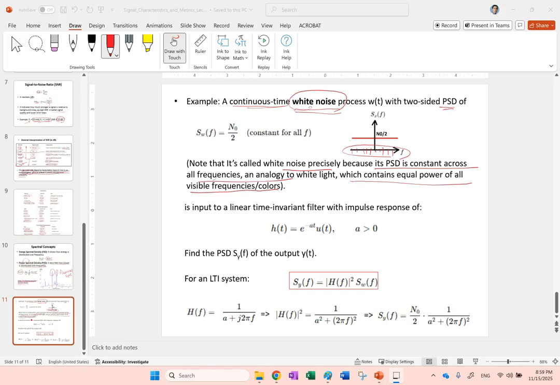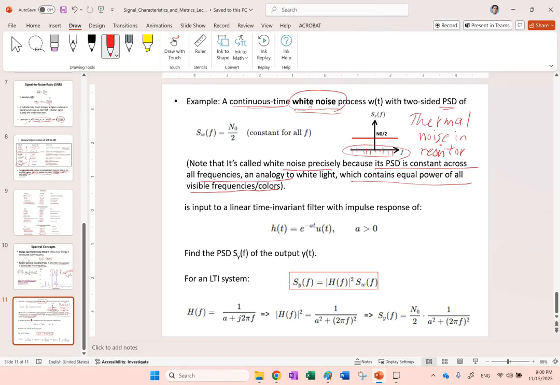So this is a theoretical thing, but many things in reality could be close to it. One example is the thermal noise in resistors, which is the random motion of electrons in a resistor. Its effect on the voltage or the current passing through it can show itself as a signal relatively close to white noise.